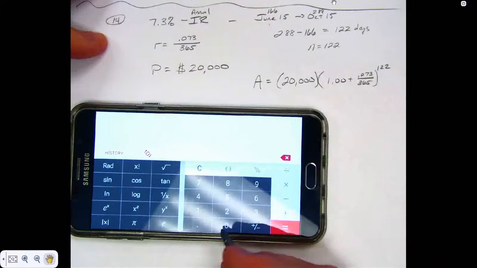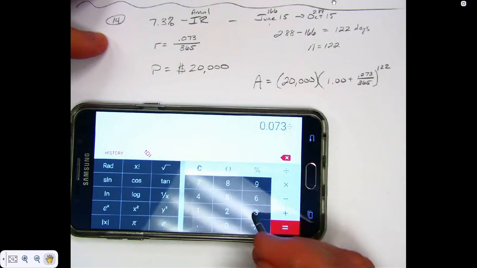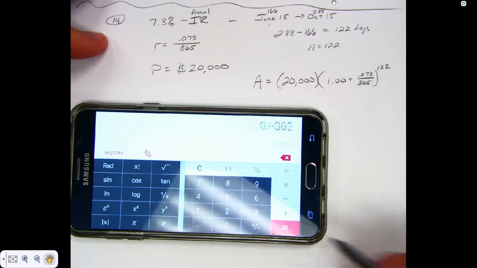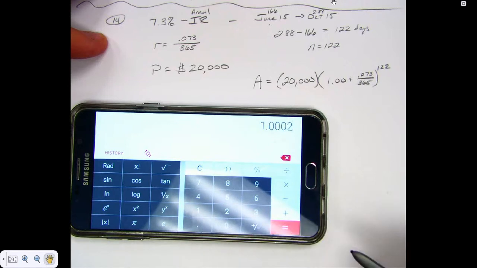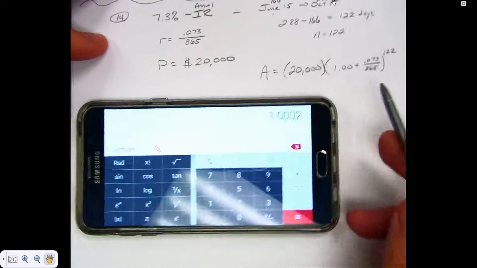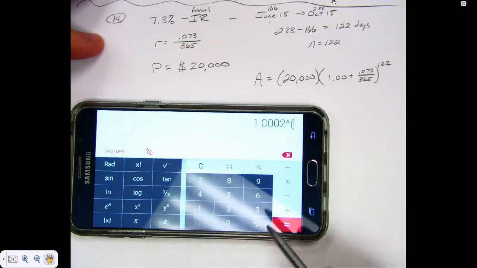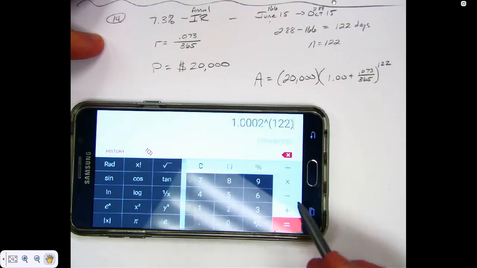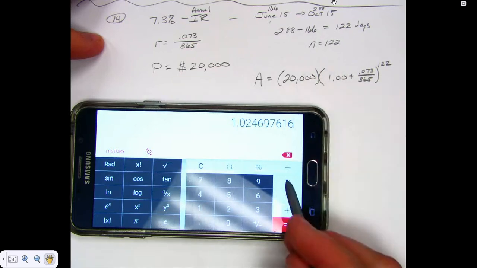So the first thing I need to do is 0.073, then divide it by 365. And then I'm going to add 1 to that. Okay, and I get that. Now that I've got all that inside figured out, I'm going to take it to the 122nd power. So I'm going to press the y to the x button, put 122 in, close my parentheses, press equal, and I get that number. Then the only thing left to do is multiply times 20,000.